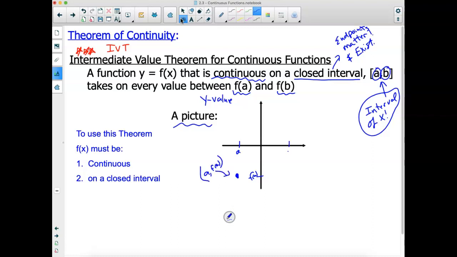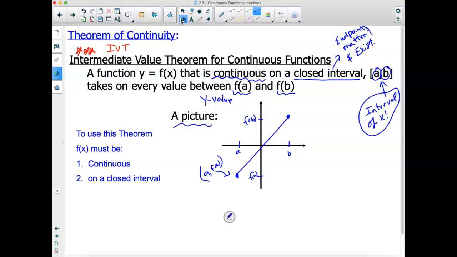And when I put b in here, this is going to be my f of b value. It's an ordered pair. That one's going to be closed. All this whole theorem says is that my endpoints have to be closed and my function has to be continuous, because it doesn't matter how I connect it.